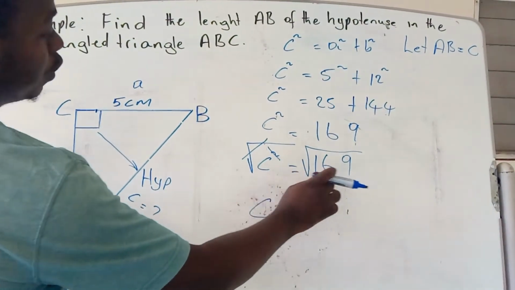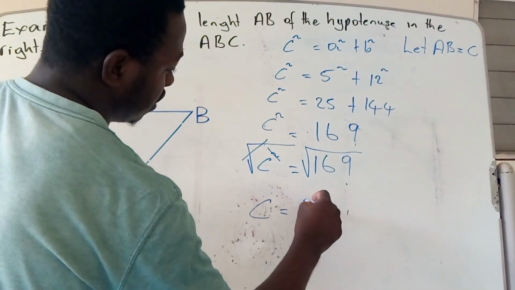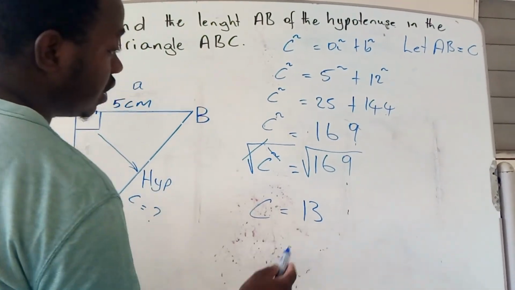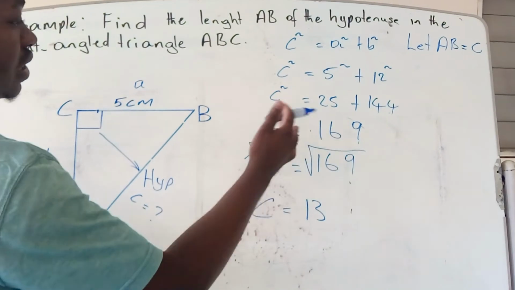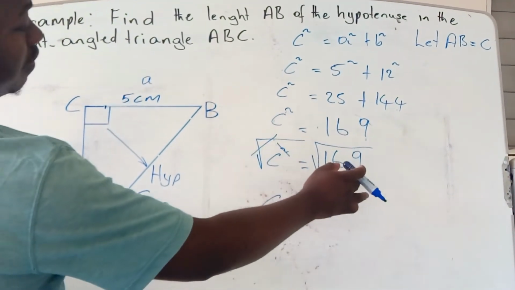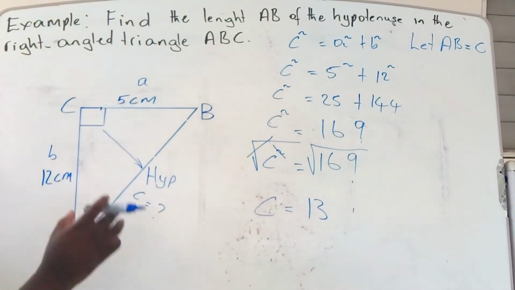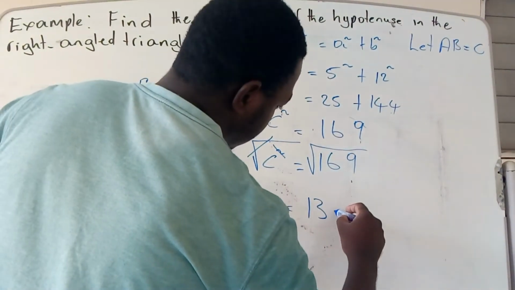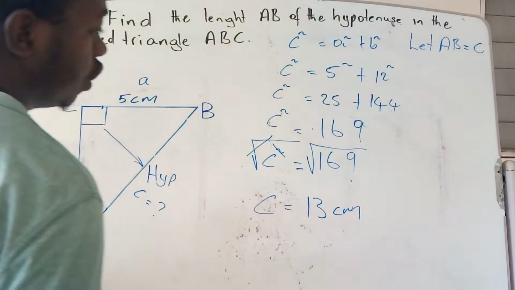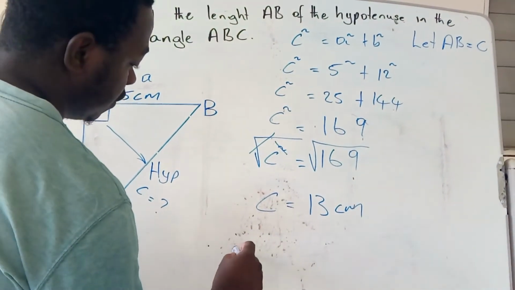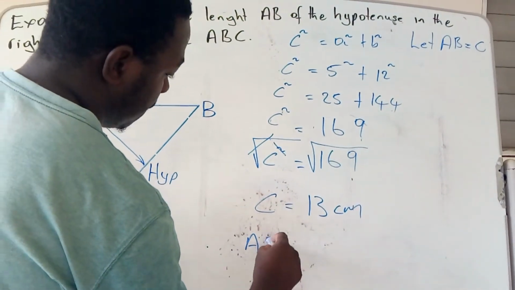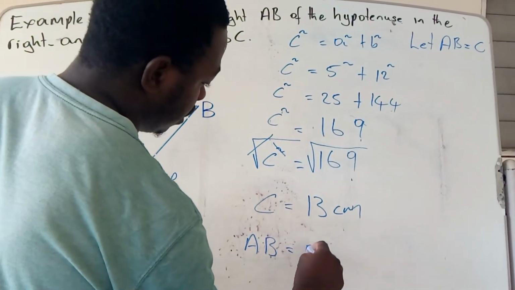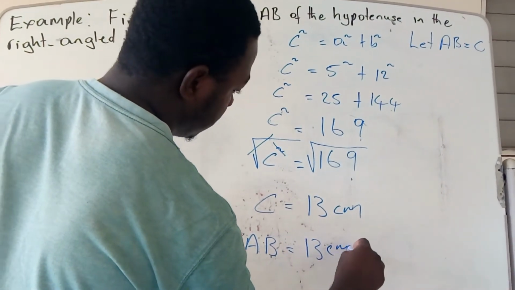When you square root 169, the answer is 13, because 13 times 13 equals 169. But remember your unit. It gives us a unit which is centimeter, so it is 13 centimeter. So you say, therefore, AB is equal to 13 centimeter.